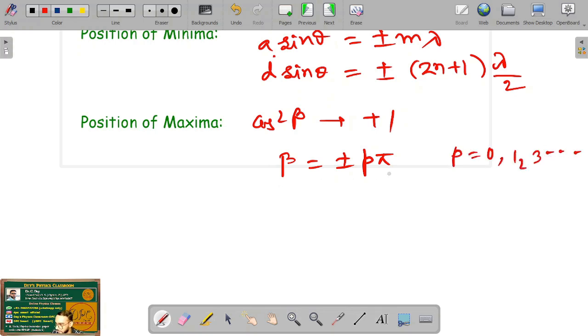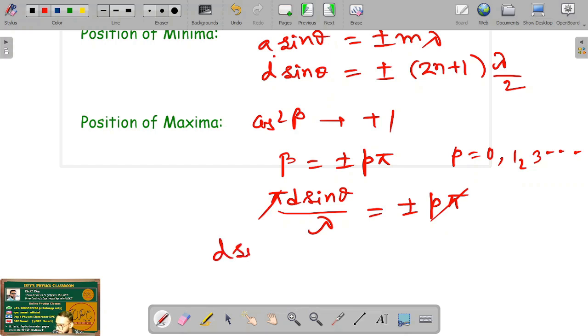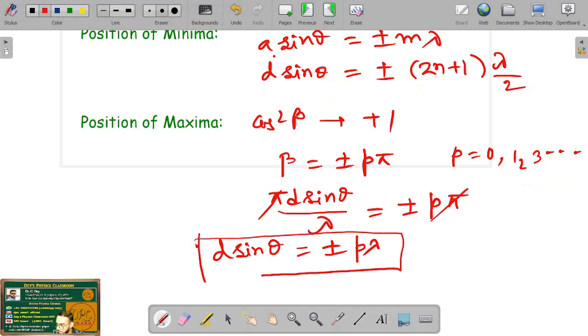For beta plus minus p pi, cos square beta would be plus 1, and the resultant intensity would be maxima. So beta means pi d sin theta by lambda, that is plus minus p pi. Pi cancels out, so d sin theta becomes plus minus p lambda. This is the condition for the position of maxima.